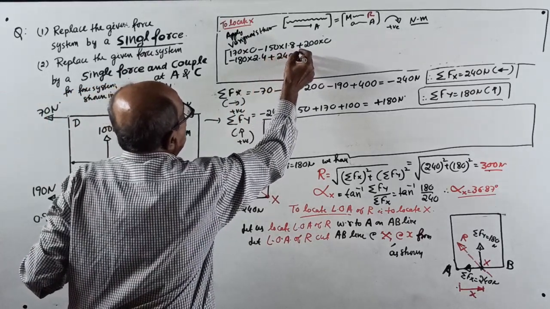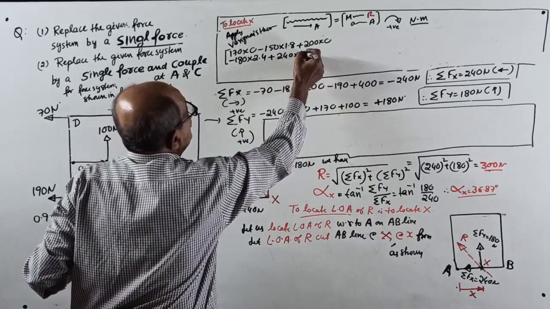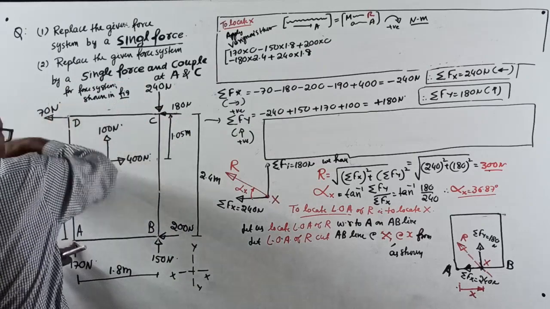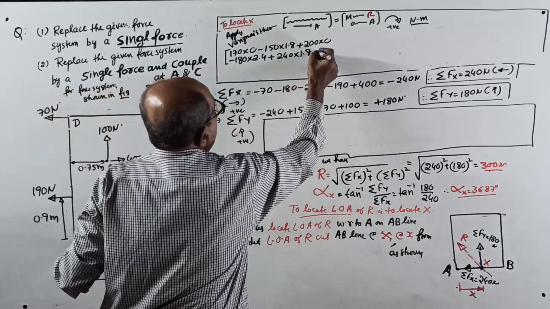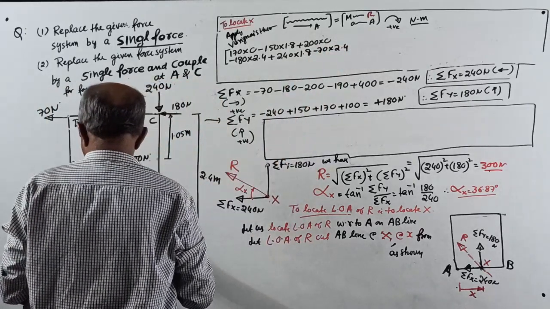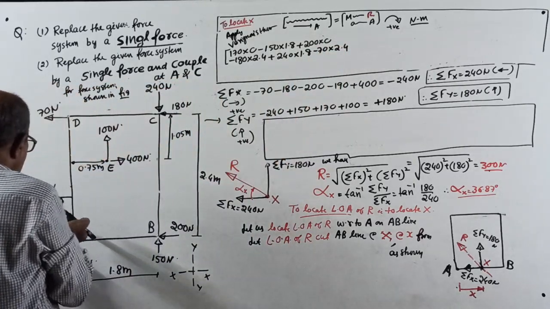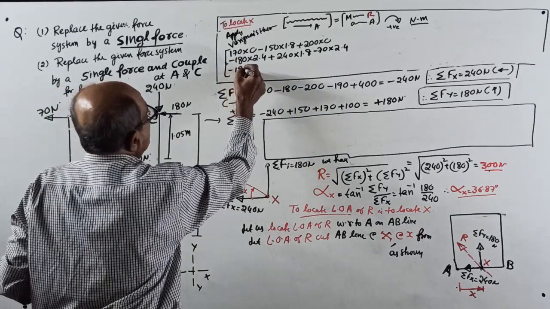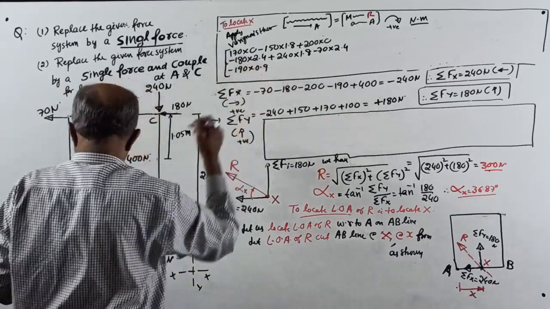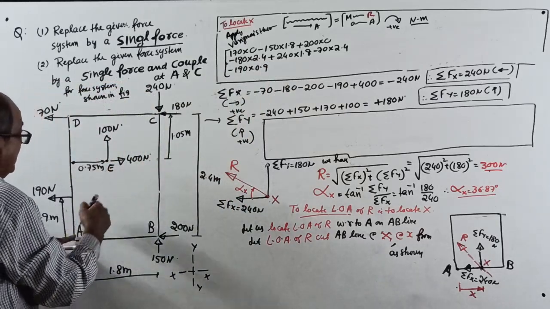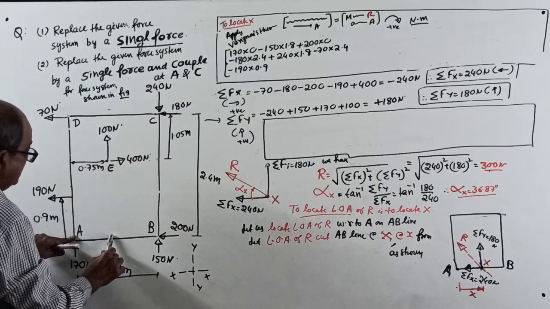If you do not know how to take moment, I think you better not continue my class. Minus anti-clockwise 70 into 2.4, and then minus 190 into 0.9. Then 400 into, from A, see, 400 into this distance.